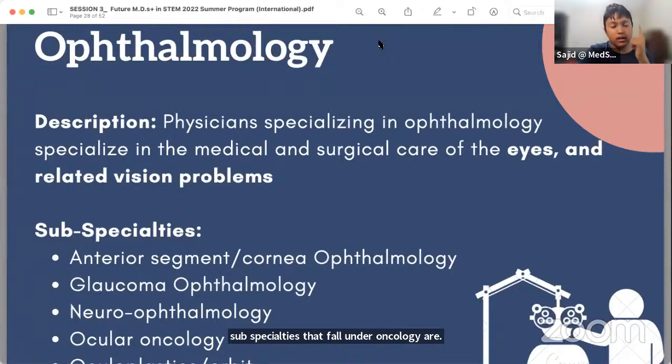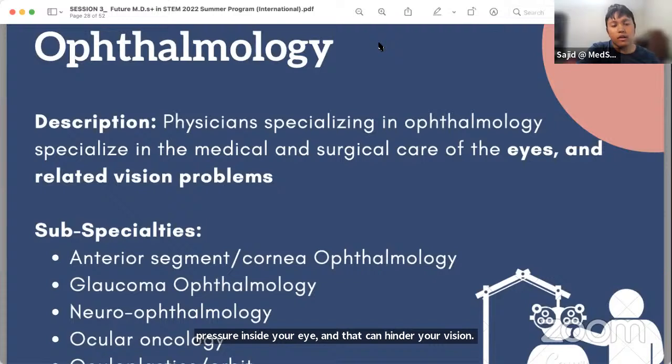So the cornea is the first layer of the eye where the light comes through, and then you have glaucoma ophthalmology. Glaucoma is basically a disease where you have intraocular pressure inside your eye, and that can hinder your vision. So that's what that specialty deals with.